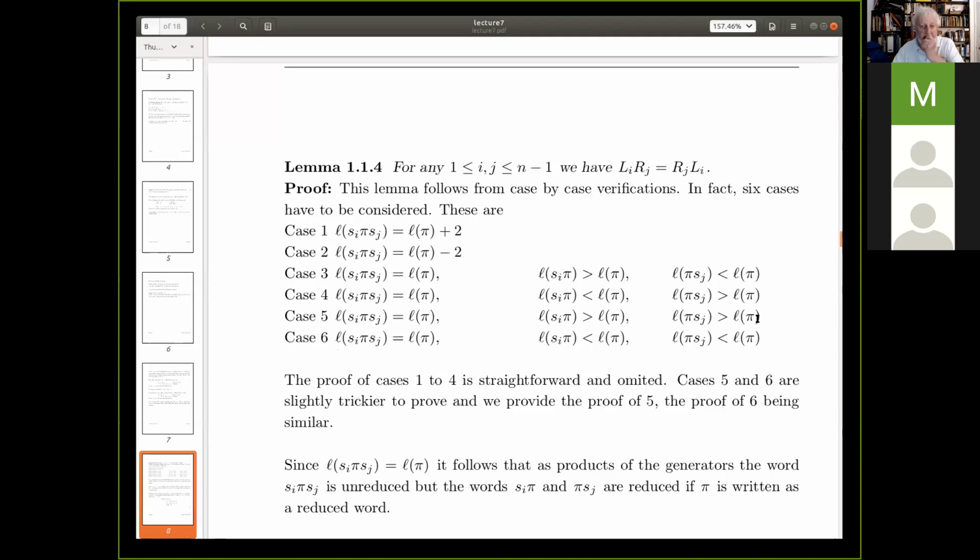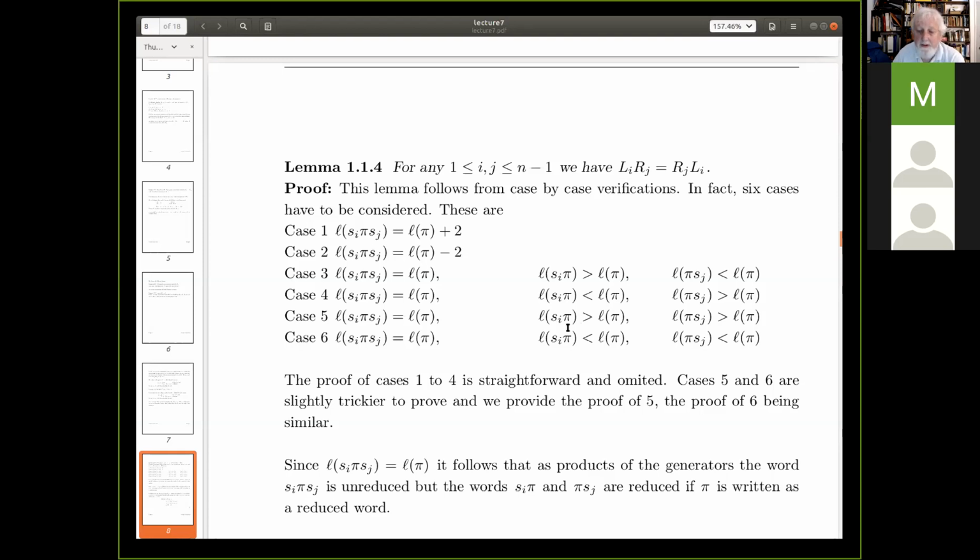Well, let's have a think about what that means. That means there's no cancellation when you multiply on the left by Si, and no cancellation on the right when you multiply by Sj.